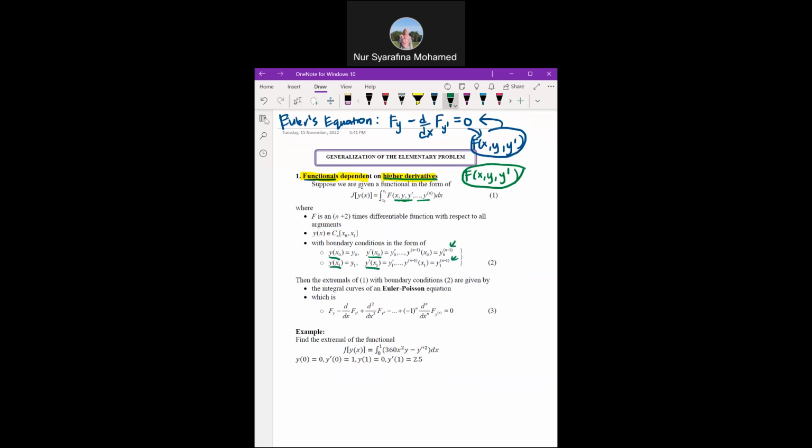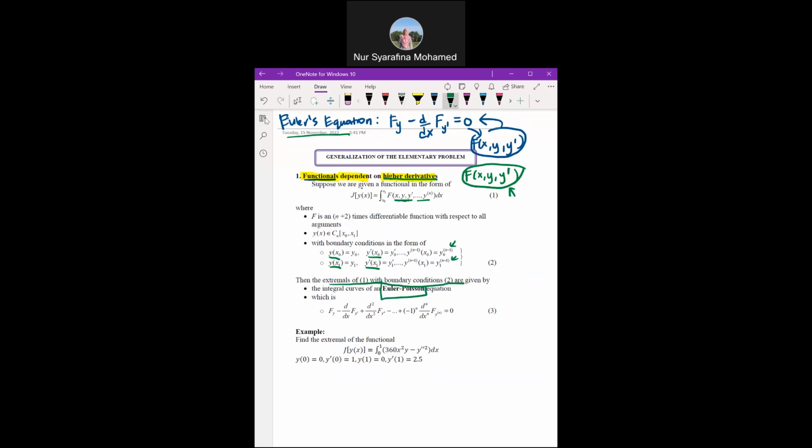So instead of stopping at the first order, where we use the Euler equation, what if the functional has derivatives up to the nth order? We modify this Euler equation and find the extremal by using the Euler-Poisson equation.